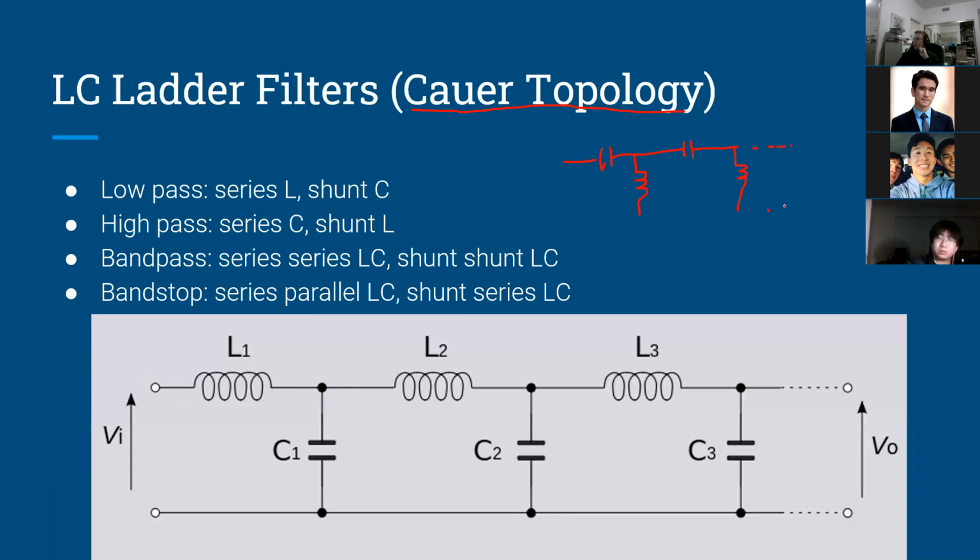And so on. And then for a bandpass filter, I wrote it here, you'd have a series LC. Let me get rid of this. Any questions, by the way, while I draw this? No? Okay. It's a humongous capacitor, but go with it.